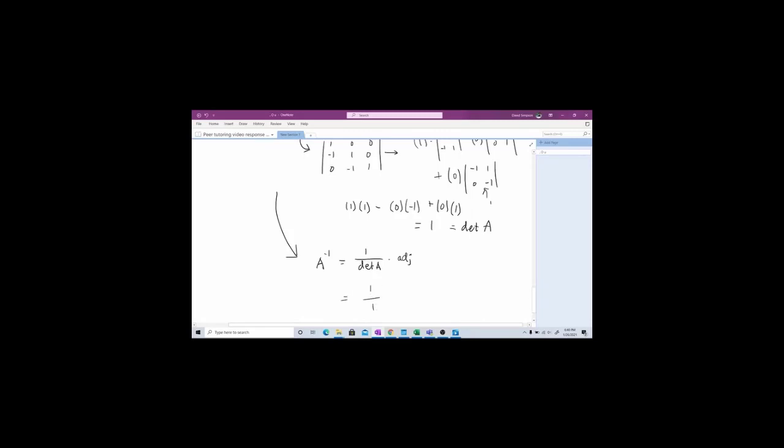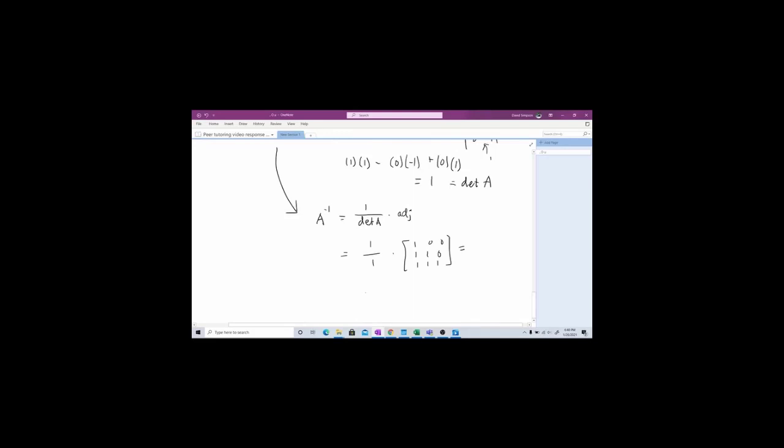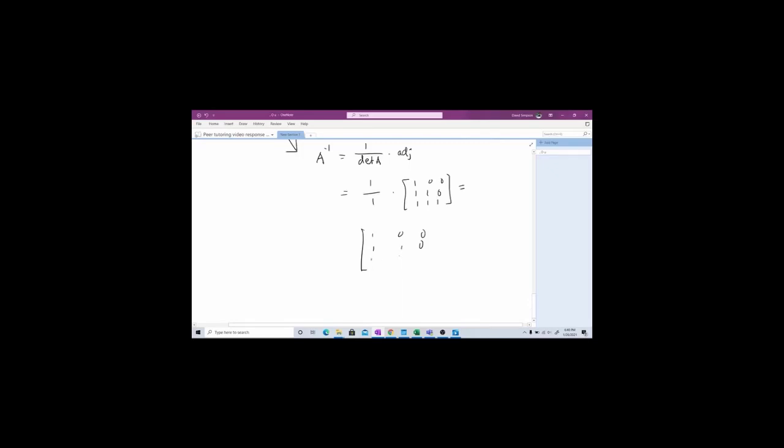Which is 1 over 1 times our familiar matrix. And we know what we get. Just basically rewriting it, because since the determinant was 1, doing that whole determinant thing actually didn't change anything.